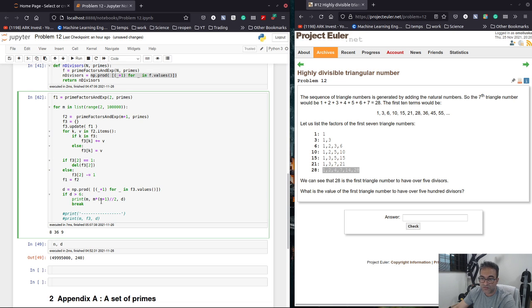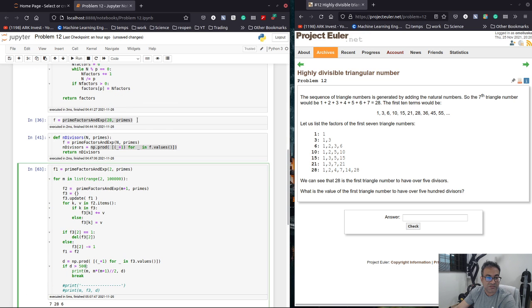Greater than 5. If we do 5, it's 7. The triangular number is 28. Okay, and it has six divisors, which is over 5. So we need over 500, and let's see where we are.